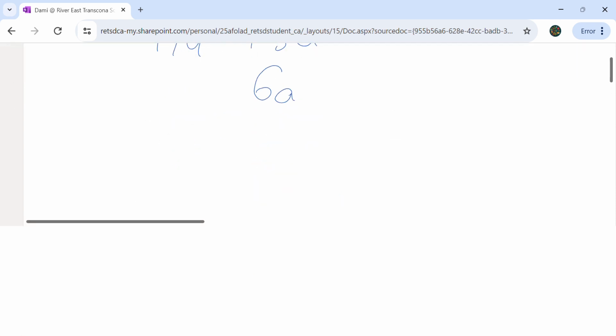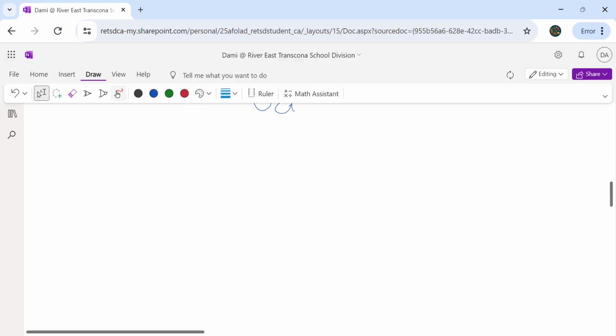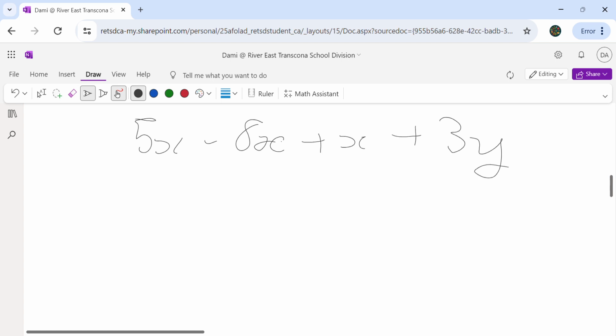Okay, we're going to try with different letters. This one we had the same letters. We're going to try one with different letters. 5x minus 8x plus x plus 3y. First up, group like terms, which is this.